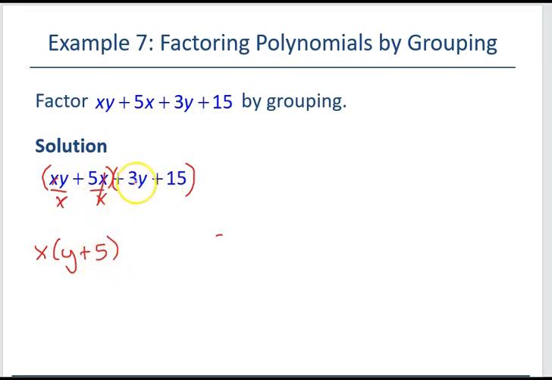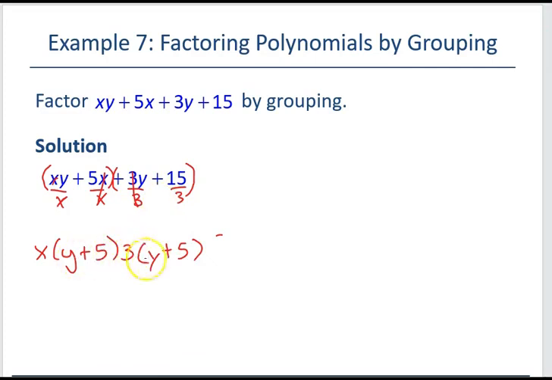Well, what do I have over here? Notice that the GCF is not a y, but if I start doing the prime factorization of this, I could notice that 3 is going to be my GCF. So I'm going to divide out a 3, pull it out, and put my parenthesis. When these 3's cancel, I'm left with y, keep the plus, and then 15 divided by 3 is 5. Notice I'm not done yet, though.